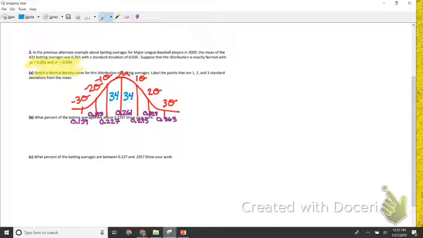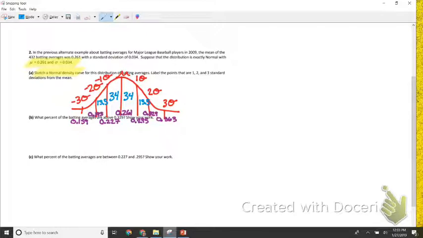So 27 divided by 2 is 13.5. So that means between 1 standard deviation and 2 standard deviations on the right, we'll have 13.5% of the data. And also between -1 standard deviation and -2 standard deviations, that's also going to contain 13.5% of the data.